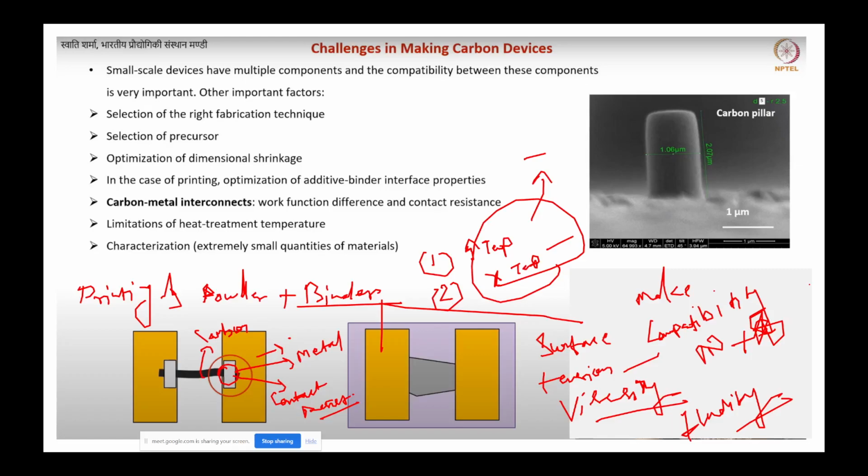Characterization: an extremely small quantity of material is required for characterization. Here you can see a carbon pillar of very micro size, 1.6 and 2 micrometer of length and 1 micrometer of diameter. This is how you can overcome the challenges of making your device.